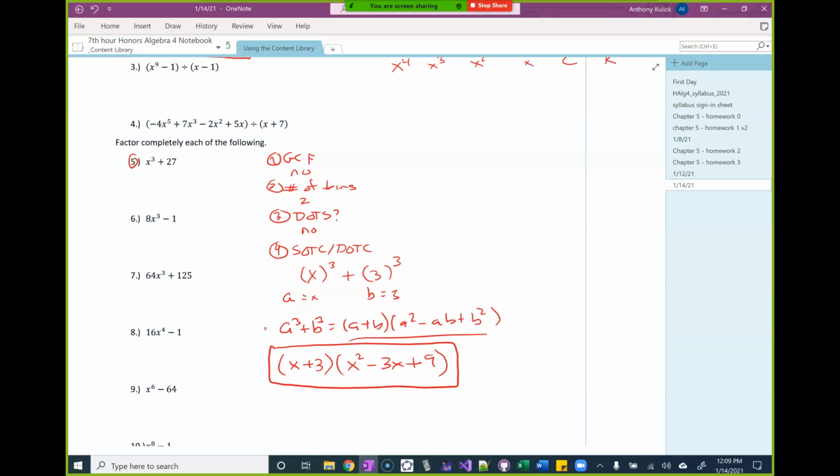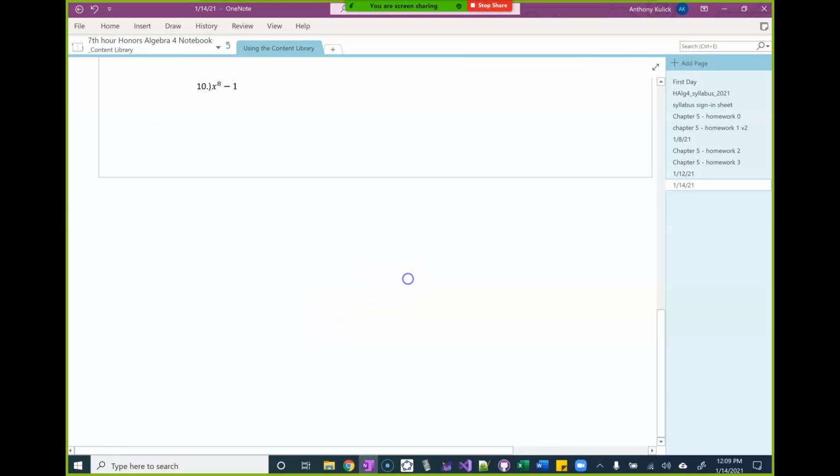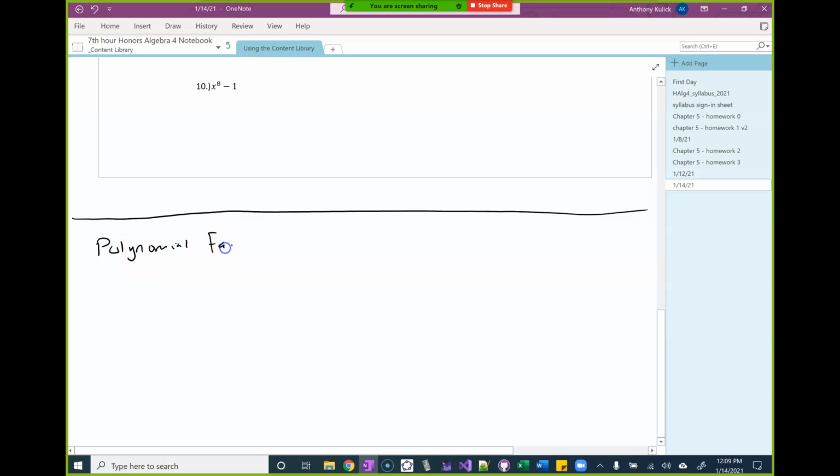All right, well, the plan here today is we're going to do a few more factoring examples for polynomial factoring. And then we're going to talk about solving polynomials by factoring.